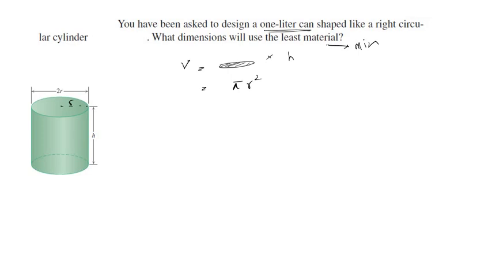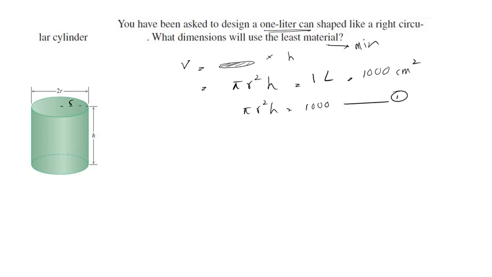That's the base, times height, so the volume is pi r squared h. We are told that this is equal to 1 liter, which is equal to 1000 centimeters cubed. So pi r squared h is equal to 1000. We'll leave the units as centimeters for r as well. So this is the first equation.